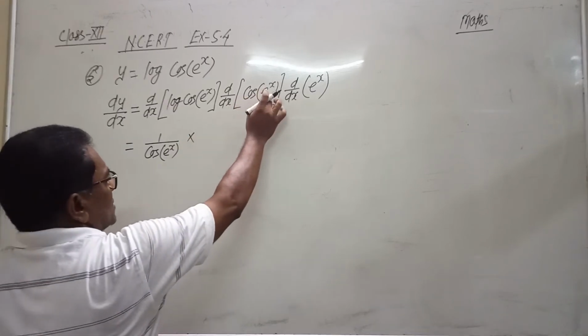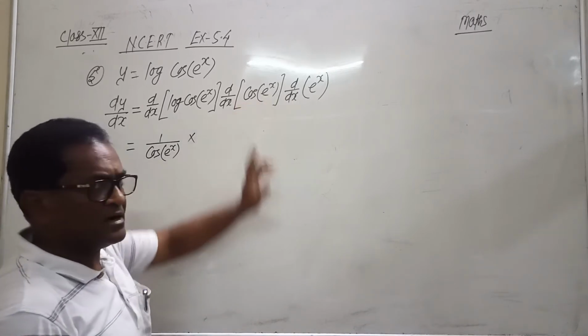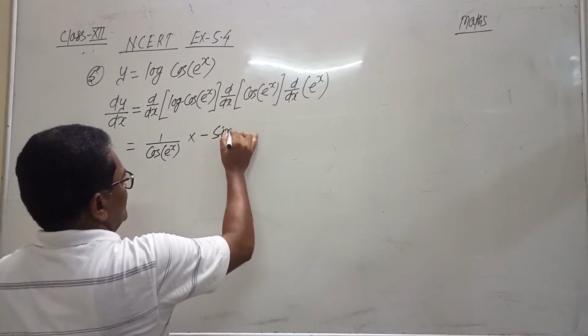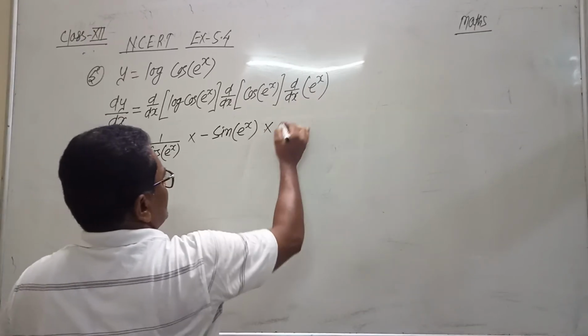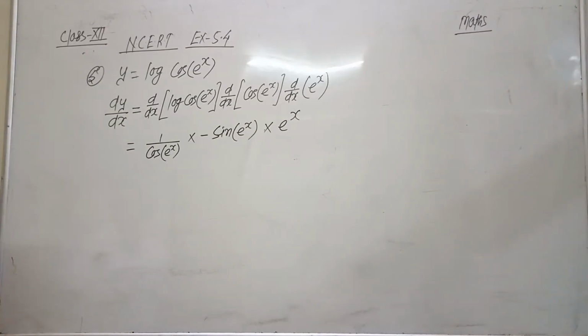And d by dx of cos theta, at the place of theta here is e raised to the power x. The differentiation of cos theta is minus sin theta. So minus sin e raised to the power x, and the differentiation of e raised to the power x gives e raised to the power x.